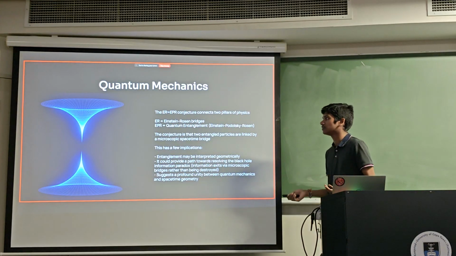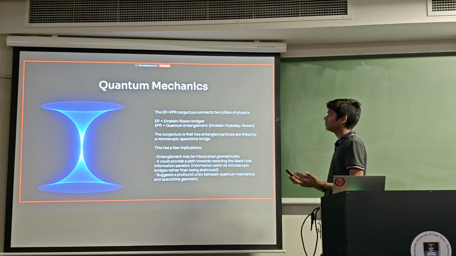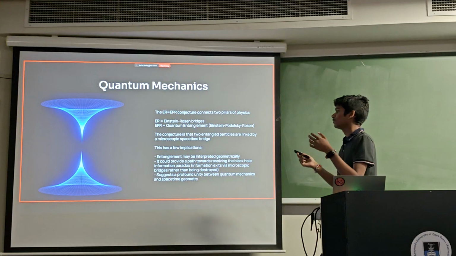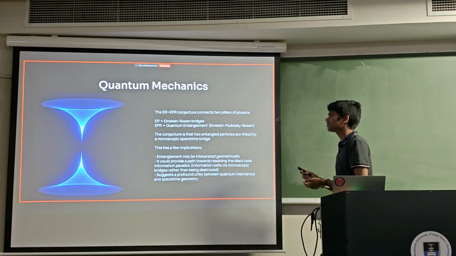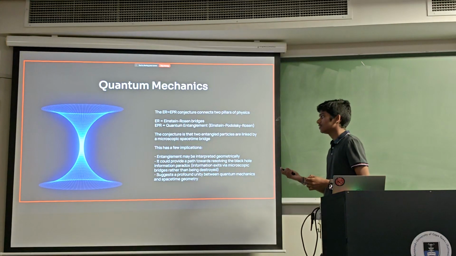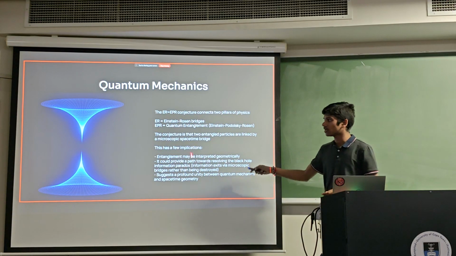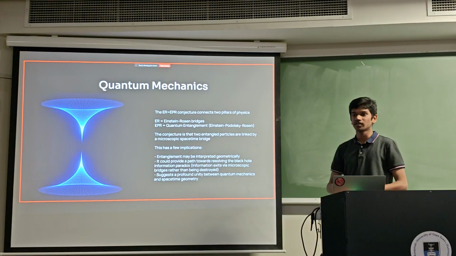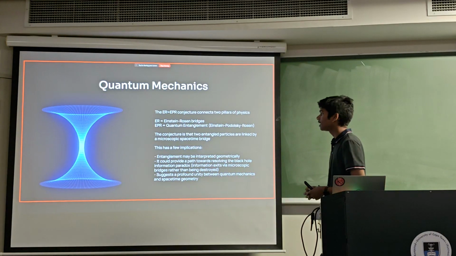It's called the ER equals EPR conjecture, where ER is Einstein-Rosen bridges, aka wormholes, and EPR is Einstein-Podolsky-Rosen, which is quantum entanglement. If this is true, this has a few implications. Firstly, quantum entanglement could be interpreted geometrically, because we can describe a wormhole geometrically, and therefore we would be able to describe quantum entanglement geometrically.